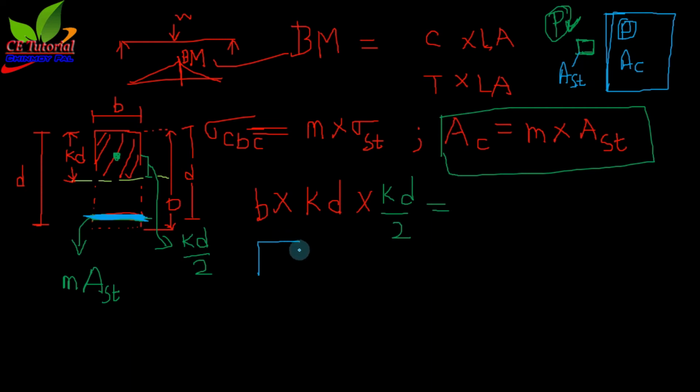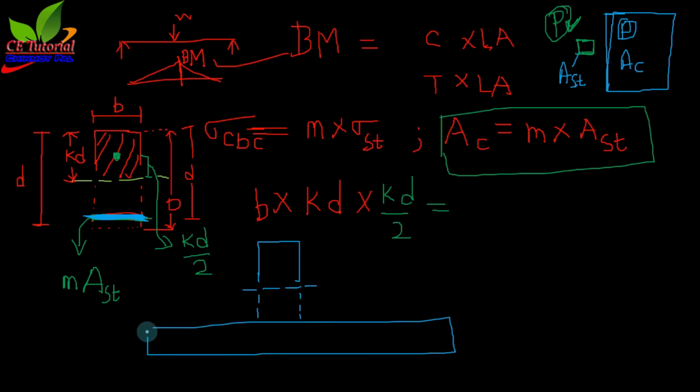Now what is the actual theoretical cross section? Suppose this is the neutral axis, and here suppose this is the concrete, which can resist the load equal to that load resisted by the reinforcement. Okay, this is the clear cover.